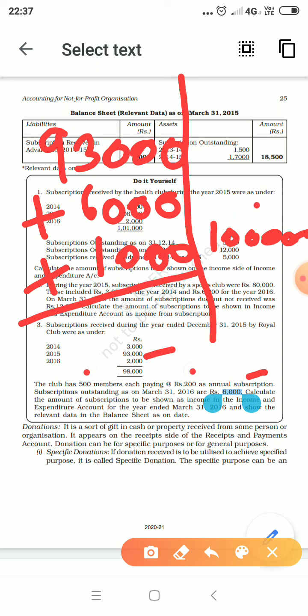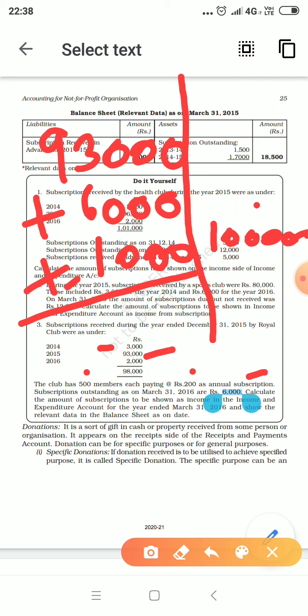Okay. Now, how will these items appear in balance sheet? If you have to prepare previous year's balance sheet, this 3,000 will appear in the asset side of previous year's balance sheet, and this 1,000 will appear in the liability side of previous year's balance sheet.